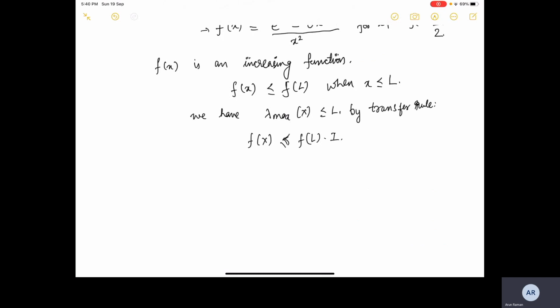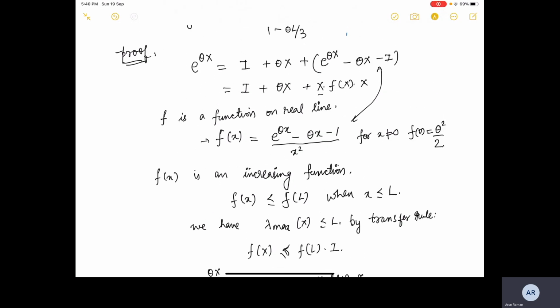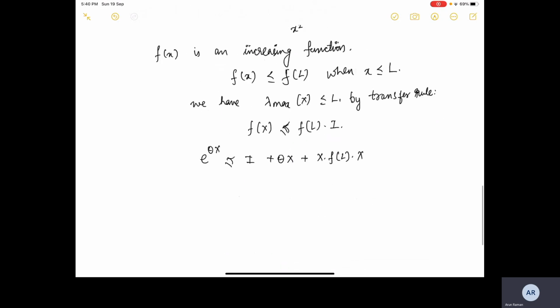So in this case, we had x f(x) x, and then we replaced f of x by f of L, and that replacement does not change anything.